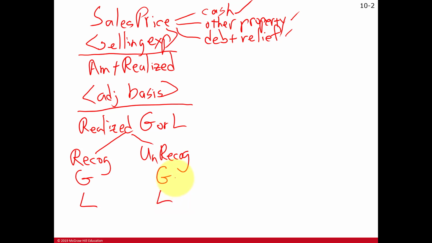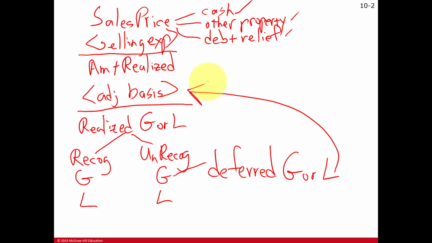Maybe a gain is taxable, but you get to defer it or postpone it. Deferred gain, or even possible deferred loss. So it goes unrecognized. And the way a deferred gain or loss typically happens is that it adjusts the basis of whatever property that you're receiving in exchange for the property you're giving up.